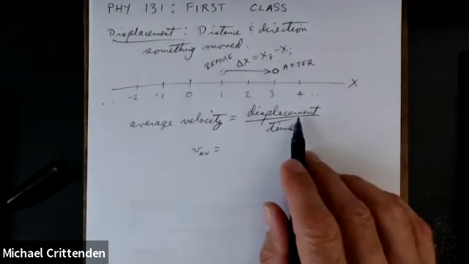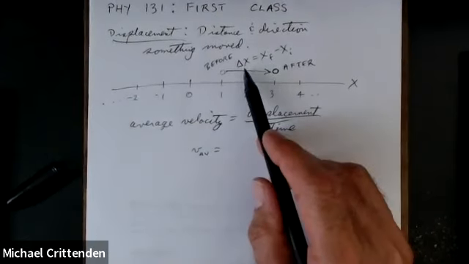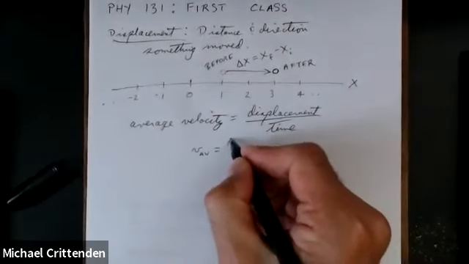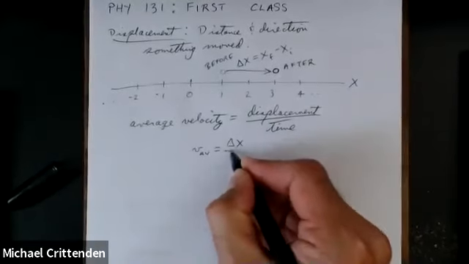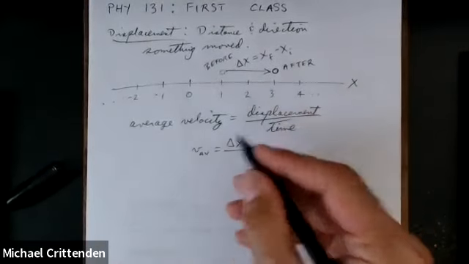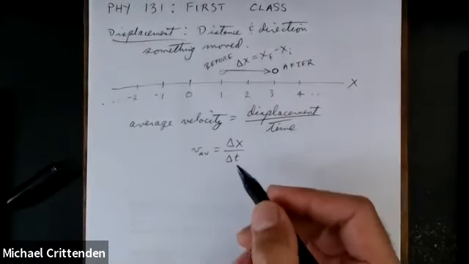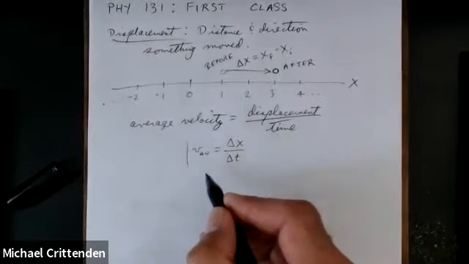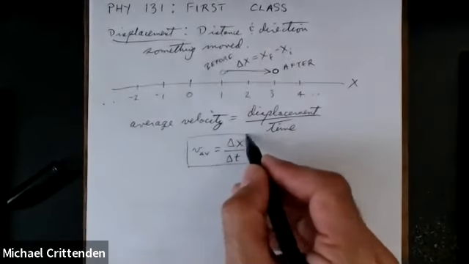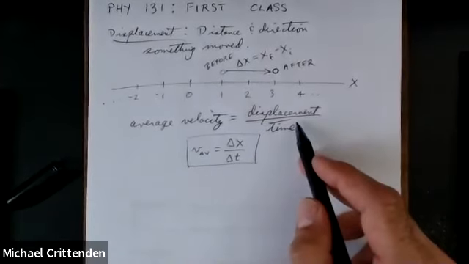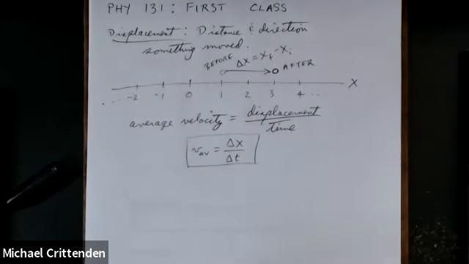Instead of writing out the word displacement, we can just call it delta x. And the corresponding change in time would be delta t. And so that says the same thing as that, just in a handier, more compact, easier to write notation. Average velocity, displacement divided by time.